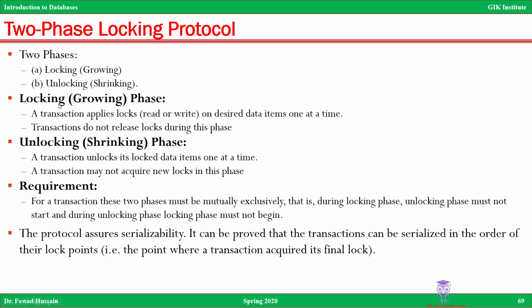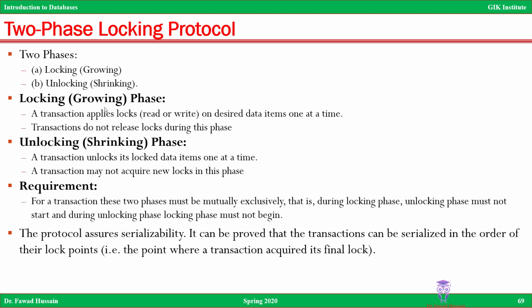So the first phase is the locking or the growing phase, and the second phase is the unlocking or the shrinking phase. And the shrinking phase is naturally when you start unlocking all the values that you have. So a transaction unlocks its locked data items one at a time, and a new lock may not be acquired in this phase. In the growing phase you keep locking but you don't unlock.